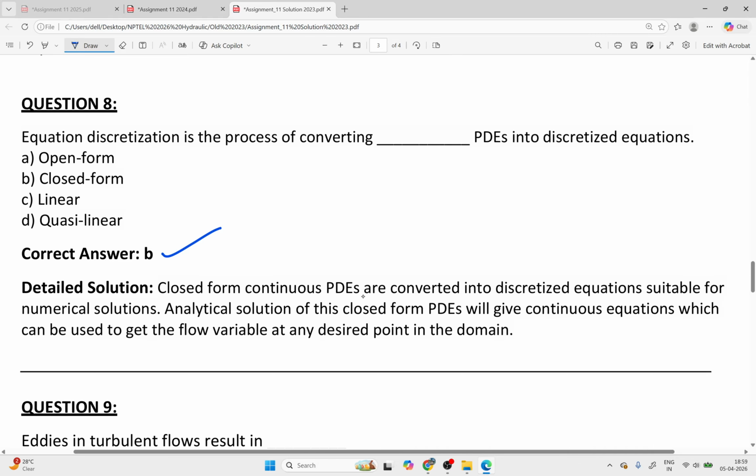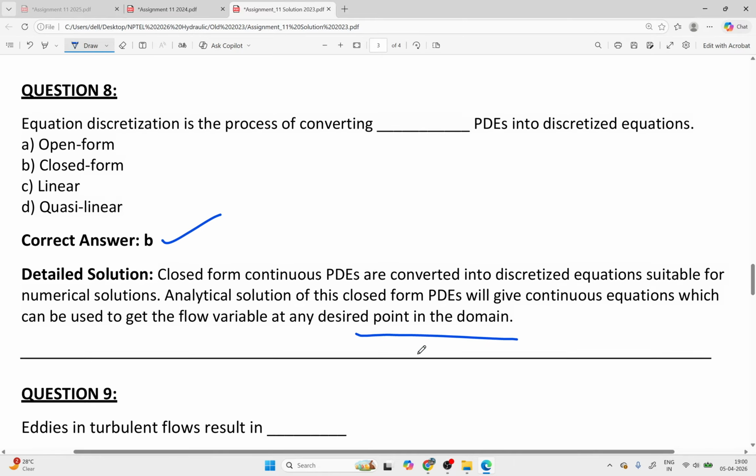The closed form continuous partial differential equations are converted into discretized equations suitable for numerical simulation. Analytical solution of these closed form partial differential equations will give continuous equations which can be used to get the flow variable at any desired point in the domain.